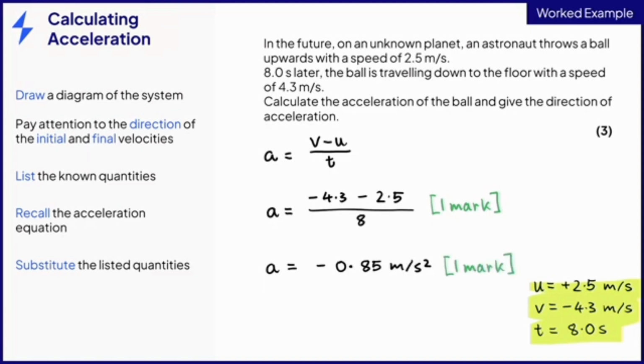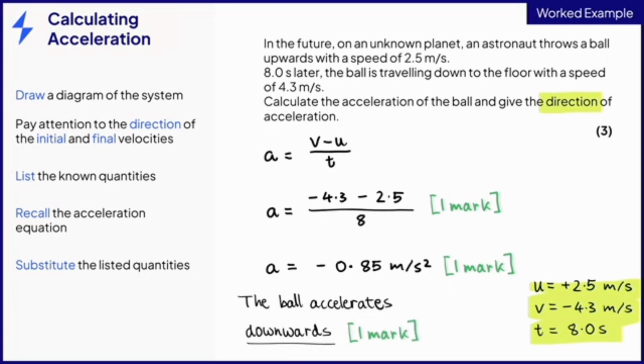All that is left now for the third mark is to explicitly state the direction of acceleration, like the question asks. The acceleration is negative and up was the positive direction, so acceleration is downwards. You can get the exact same result by defining down as the positive direction. Give it a go if you want to further your understanding of these types of questions.